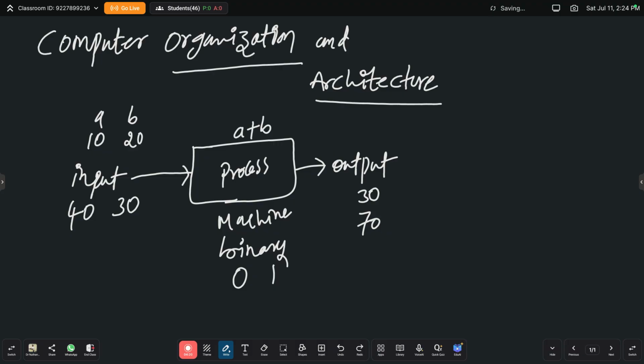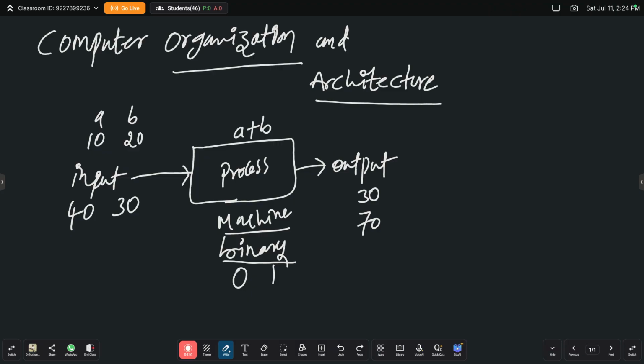Because it is an electronic device, as you mentioned clearly, it is going to understand only electricity. If it is a high power voltage, it will understand it as 1. Low power voltage, it will understand as 0. So always your machine is going to understand this combination of zeros and ones. Are you clear?